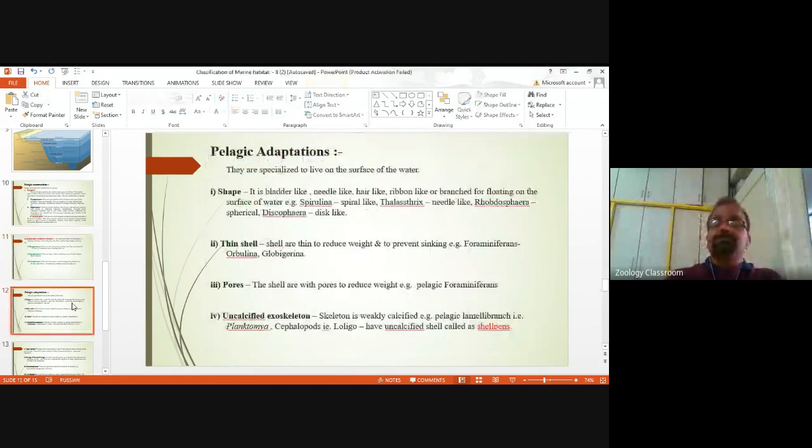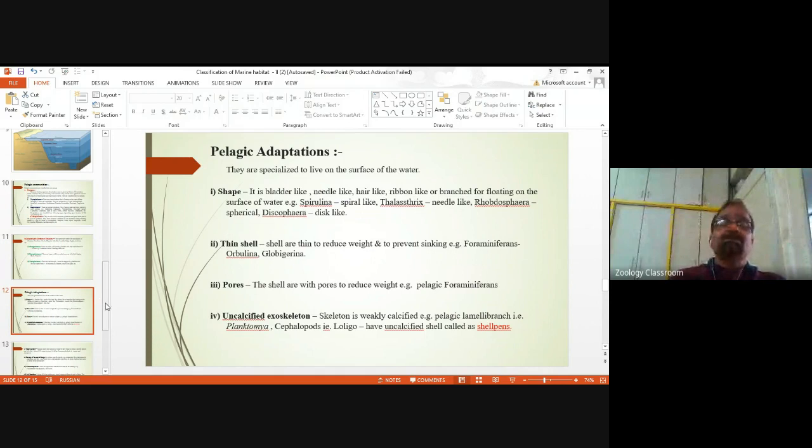Now, pelagic adaptations. What are the body forms by which they can lead the pelagic, floating life, the comfortable life in the surface water, right from the neritic region and also in the oceanic region? Now I am talking about the entire pelagic region.